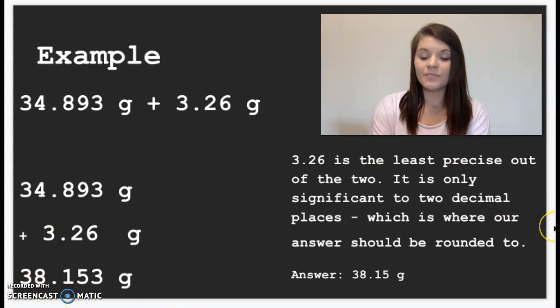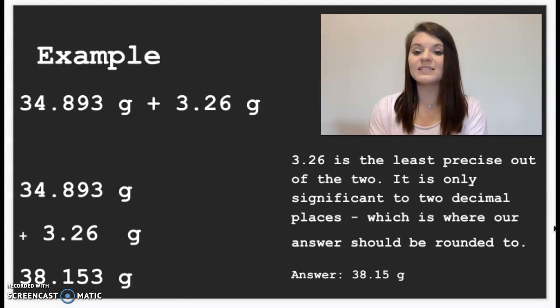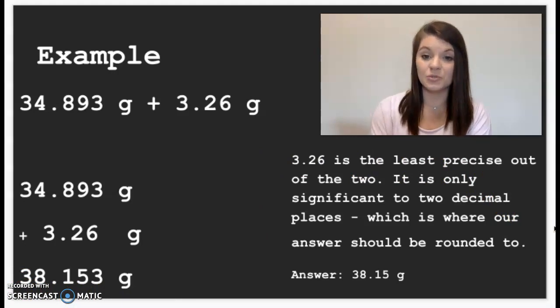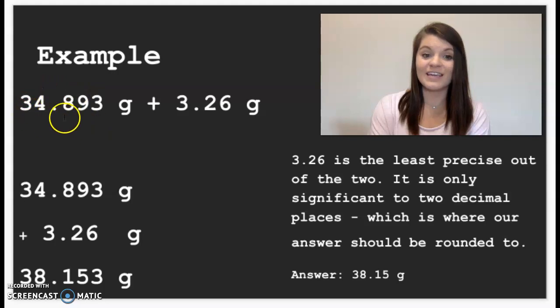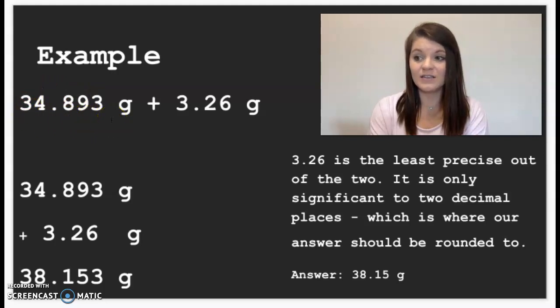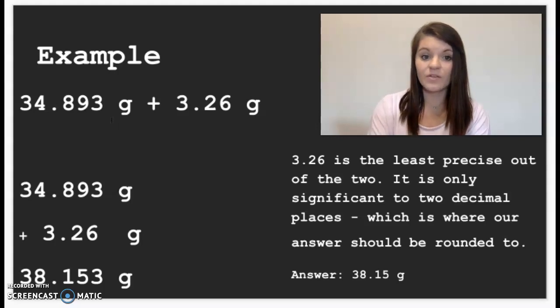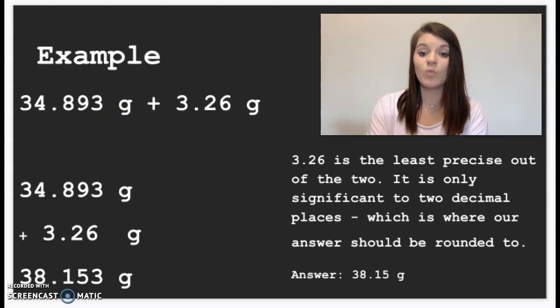So over here, if you read, 3.26 is the least precise out of my 2 numbers. 3.26 is way less than 34.893, and it is the least precise because it is only significant to 2 decimal places, where this number is significant to 3 decimal places. Okay, so we are looking at the number of decimal places here. 3 decimal places is more precise than 2 decimal places.